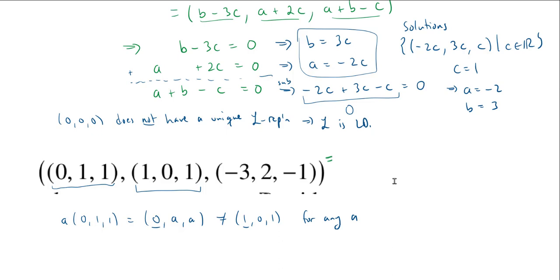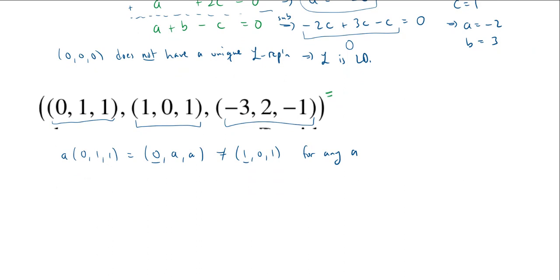Okay, so already the first two must be linearly independent with each other. So that would mean if this was going to be linearly dependent, then the third vector would have to be a combination of the previous two. So I'd like to try to show that negative 3, 2, negative 1 is some combination of 0, 1, 1 and 1, 0, 1.